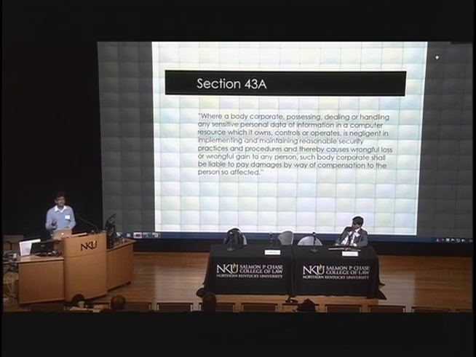But basically what it's talking about is reasonable expectation of security measures, right? If you are collecting some sensitive information, you are expected to provide some kind of security measures that would take care of privacy.